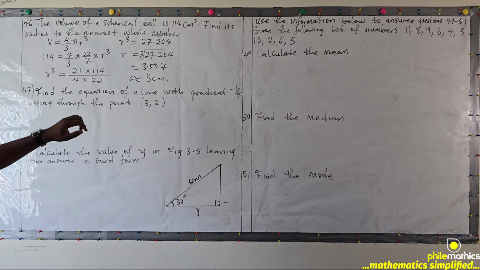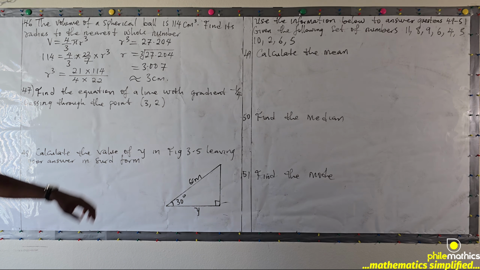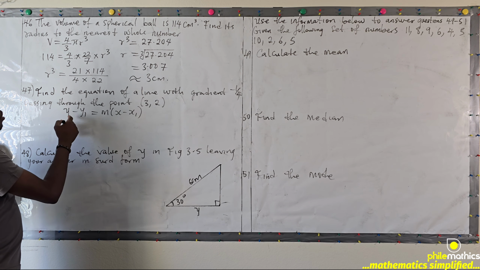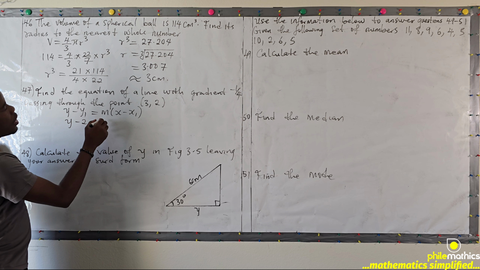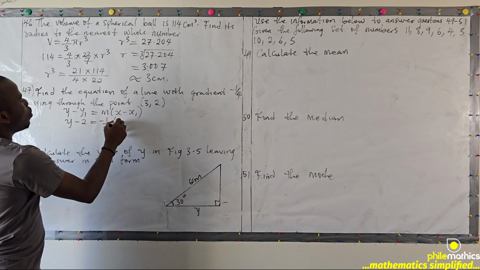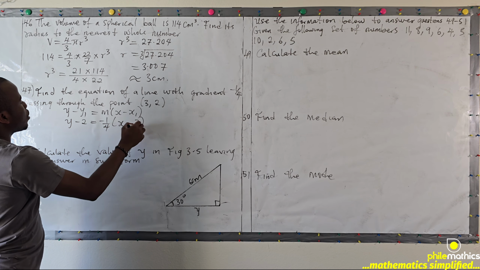47 says find the equation of a line with gradient minus 1 over 4 passing through the point 3, 2. There is a formula for it. The equation of a line passing through a point is simply y minus y1 equals gradient times x minus x1. y1 is 2, so we have y minus 2, gradient is minus 1 over 4, we have x minus 3.